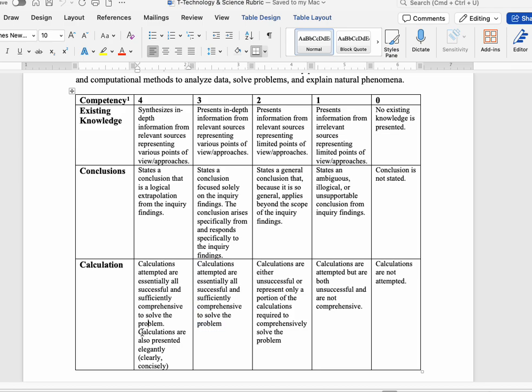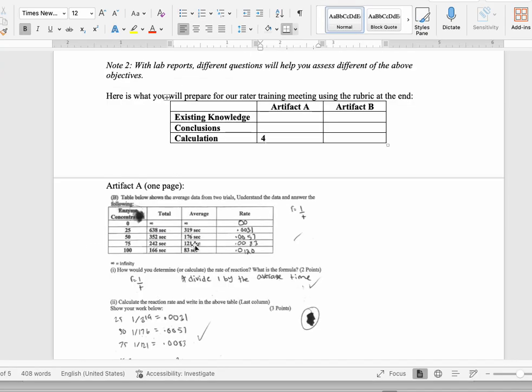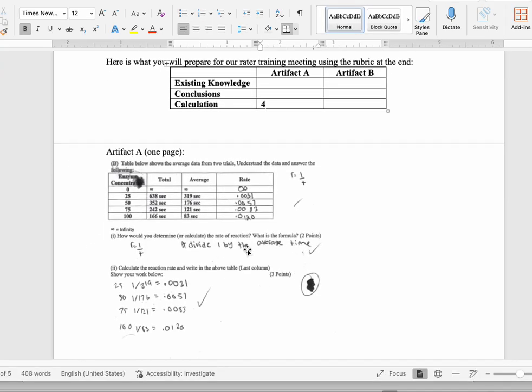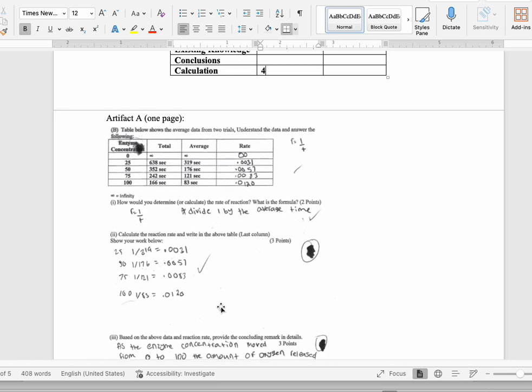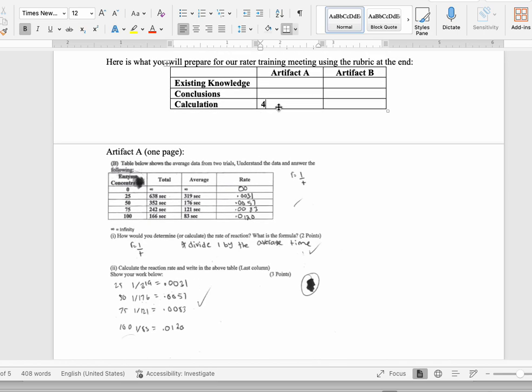But we also see that the calculations themselves are presented in a clear and concise way. And notice, they've listed the equation they followed and all of their calculations in as concise a way as I can imagine. Therefore, they've received the highest possible score of a 4.